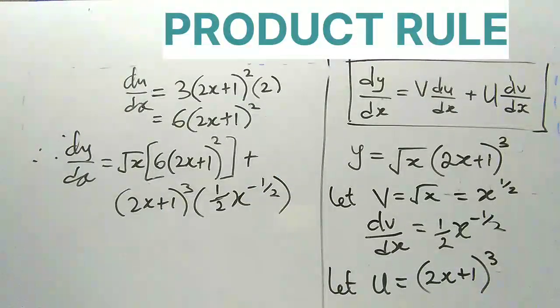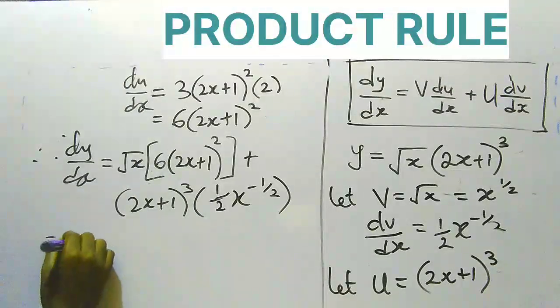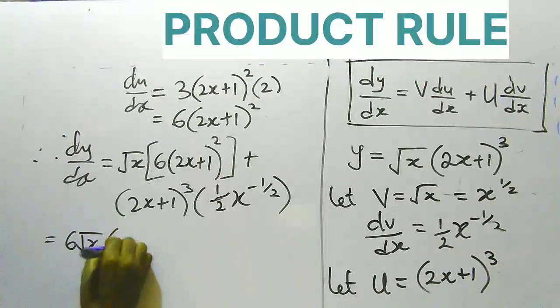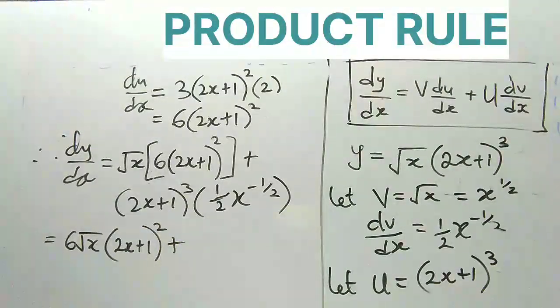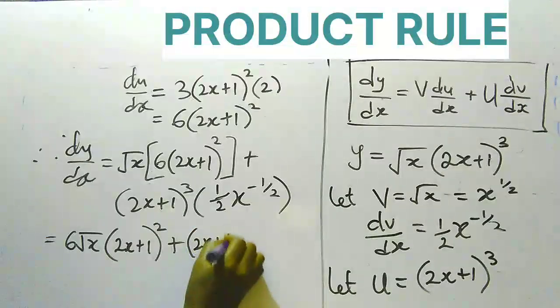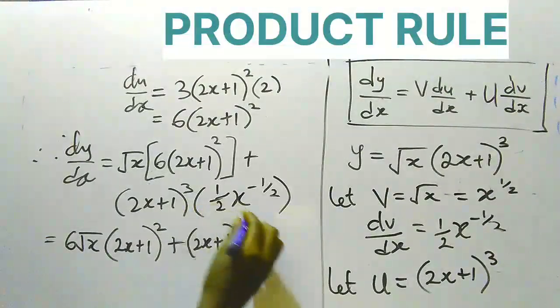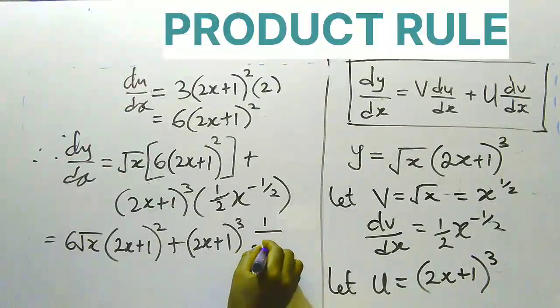So let's just tidy things up for ourselves. This is the same thing as 6 root x into 2x plus 1 all squared, plus this, which is 2x plus 1 all cube, then times this. I can write this as 1 over root 2 x, using my knowledge of indices now.